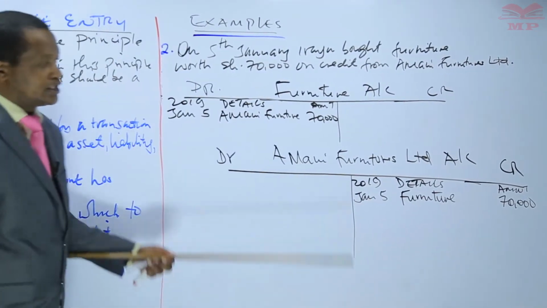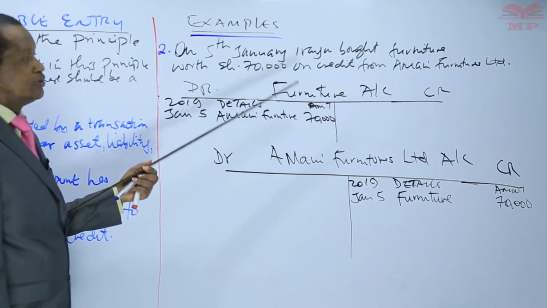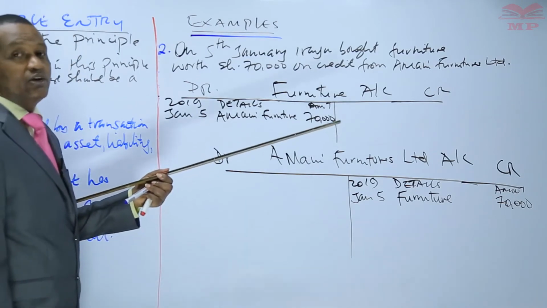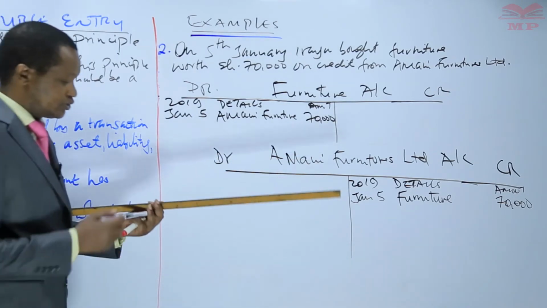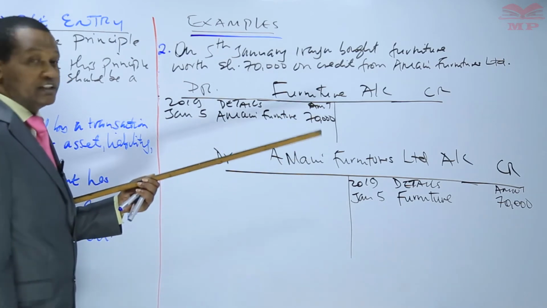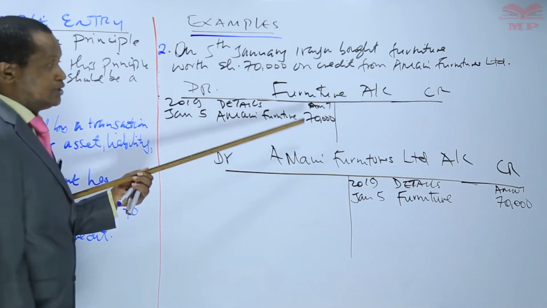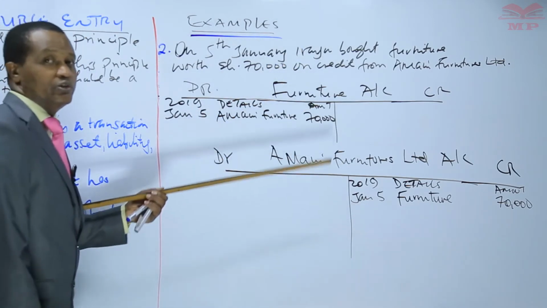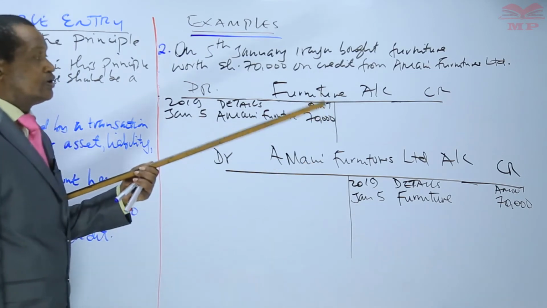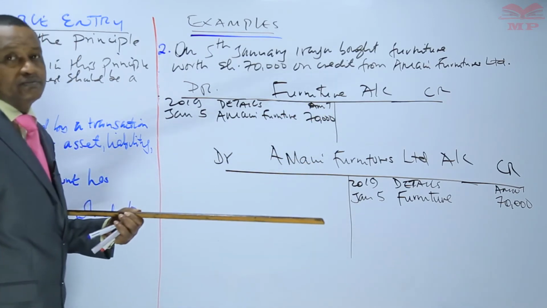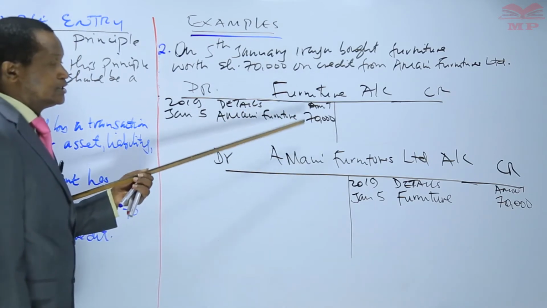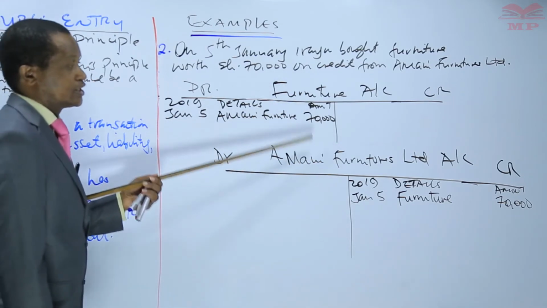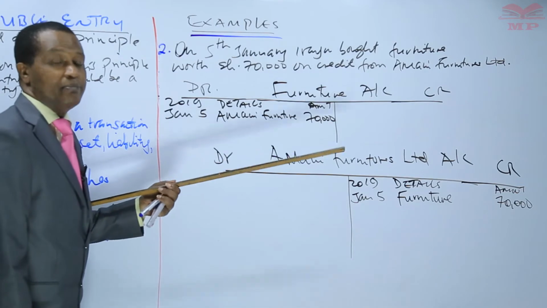So these are accounts, learners. Remember the definition of an account. We said an account is a chronological record of the transactions of a business affecting particular items.